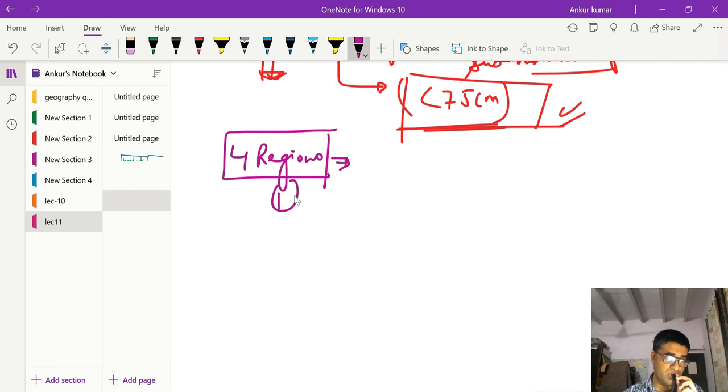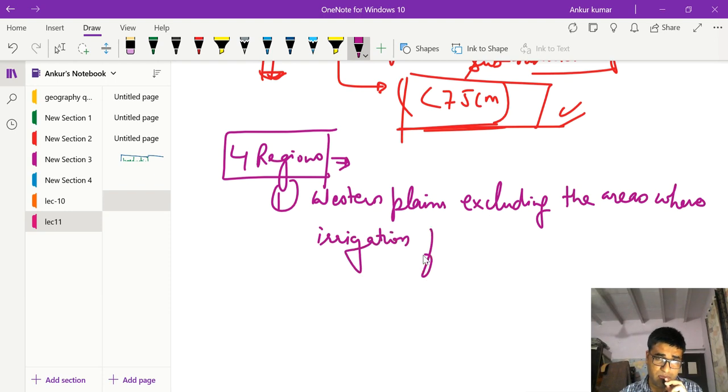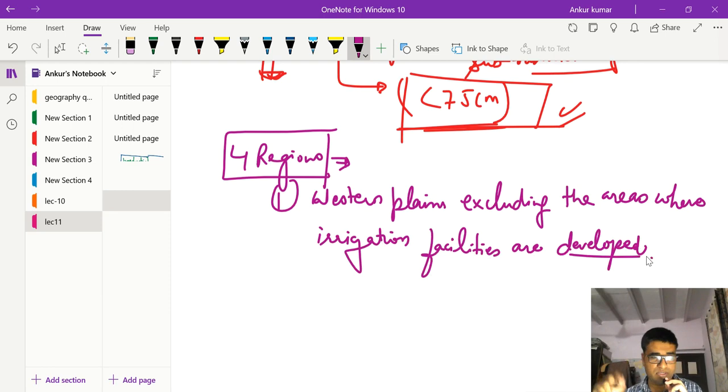Number one is the western plains, excluding those areas where irrigation facilities are developed. This is the first region.